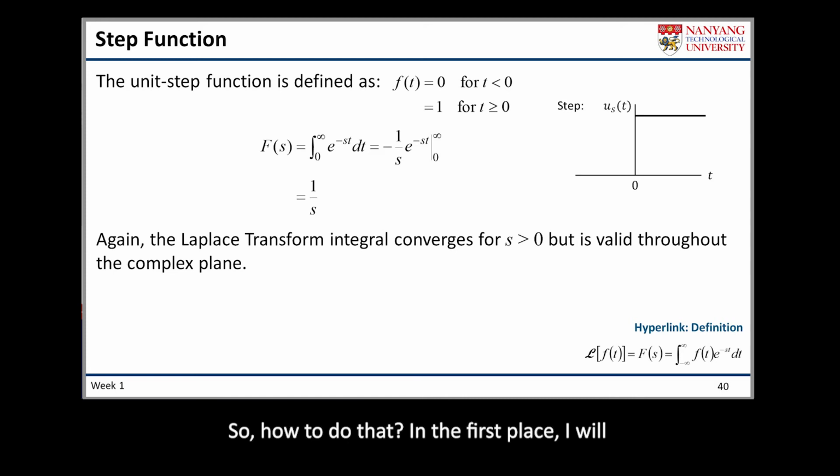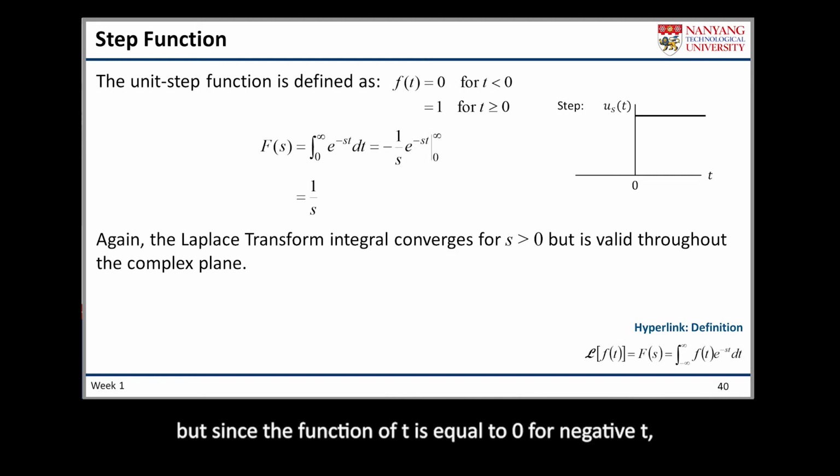In the first place, I will transform it using the formula, using this definition. f(t) is the unit step function, so I will multiply it by exponential of minus st, and then I will integrate it by dt. I will evaluate it from negative infinity to positive infinity.